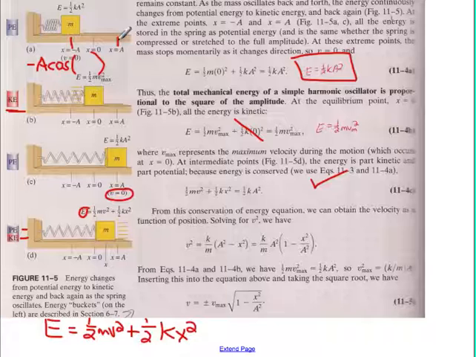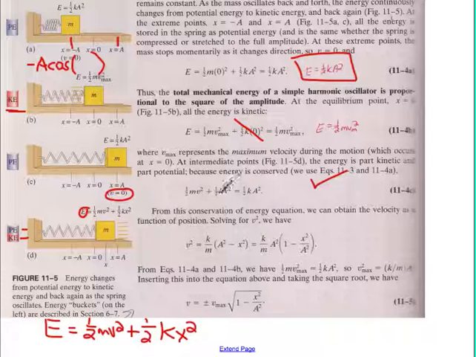It's the same throughout this process. So one way to find an expression for it is to say, well, the total energy at point A is going to be the same as at 0, as at negative A, or at any point in between. So the total energy is just the same as when it's all potential energy. So that's why they've set it here. So in this equation, they're solving for V. That's all they've done.